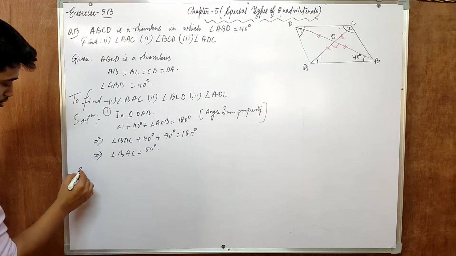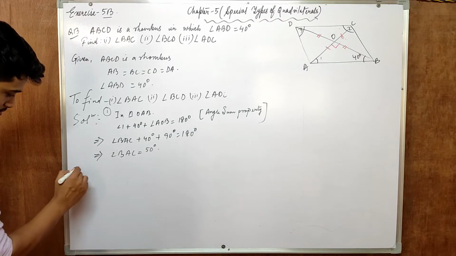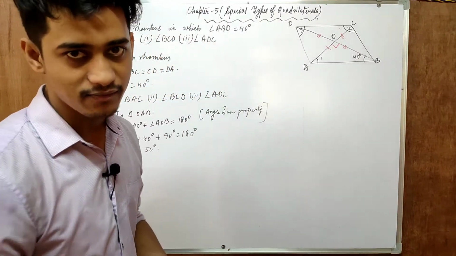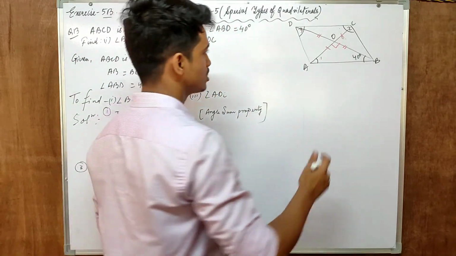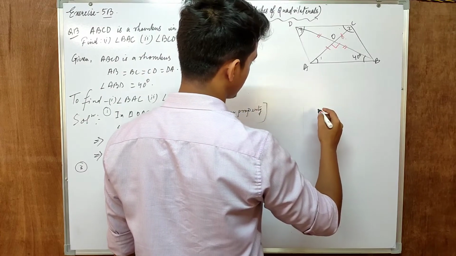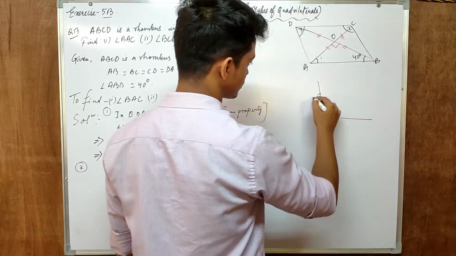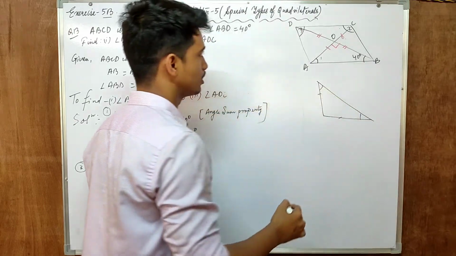Second one, and before the second one, I think I can solve out the third one. Previously I have discussed with you the isosceles triangle property. What does that mean? Isosceles triangle means if two sides are equal, then the corresponding angles are also equal.